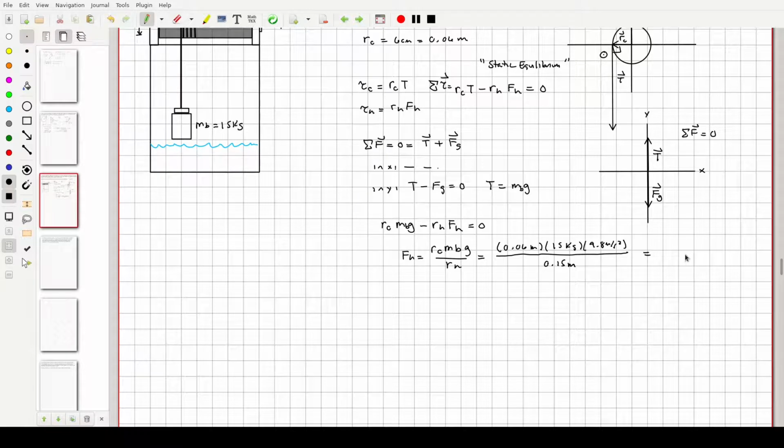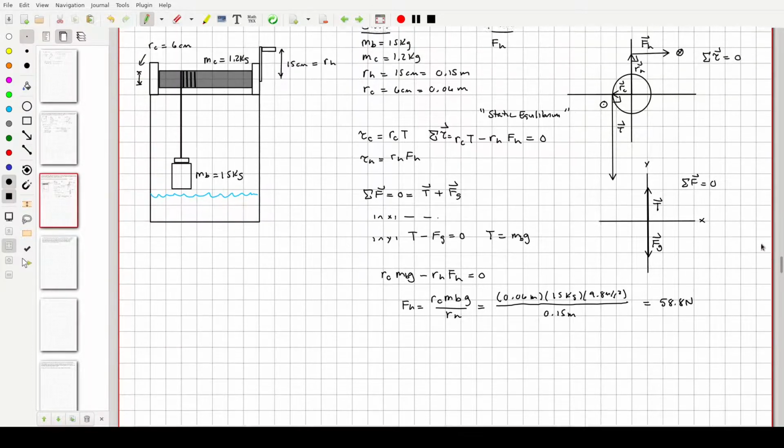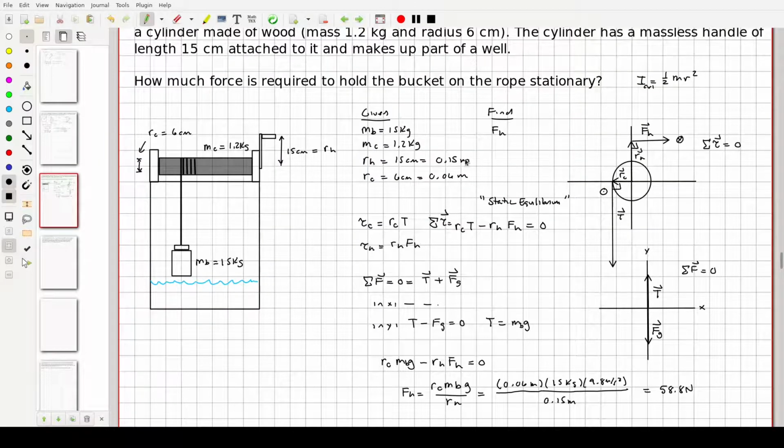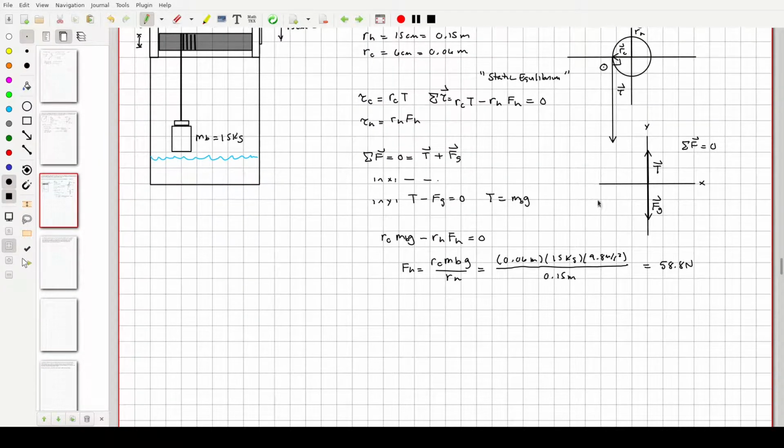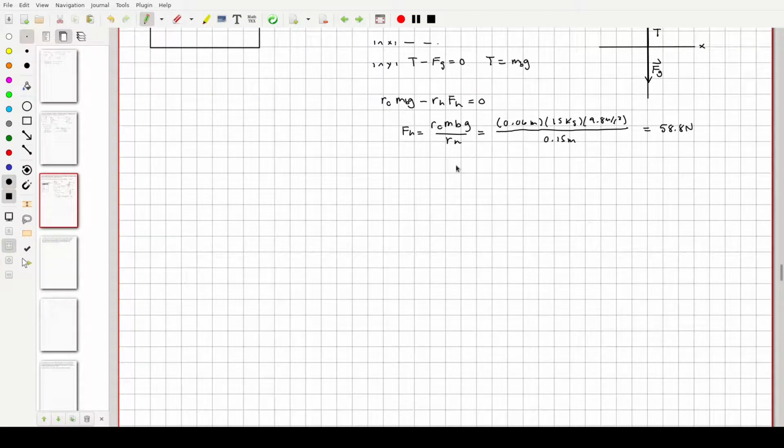So when you do this, you get 0.06 times 15 times 9.8 divided by 0.15, which is 58.8 newtons. And if you look at sig figs, we have 2, we have 2, we have 2, we have 2, or actually we have 1 there. So this is about 60 newtons. So there you go. There's your force.